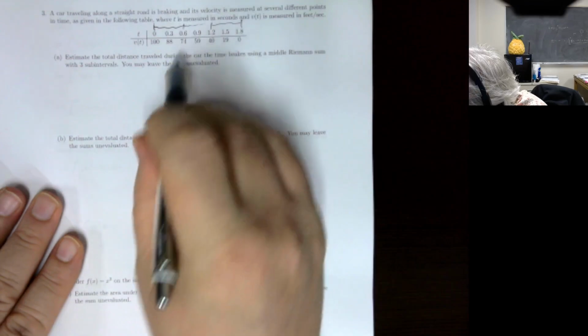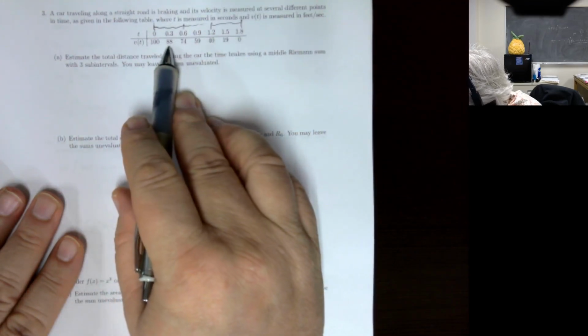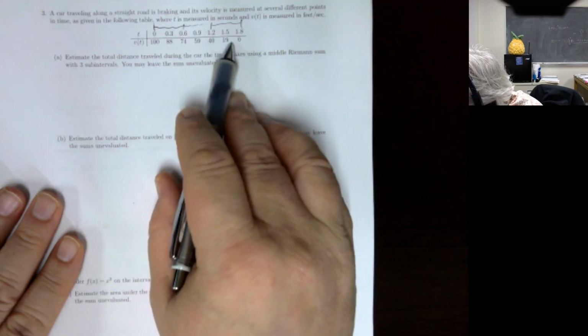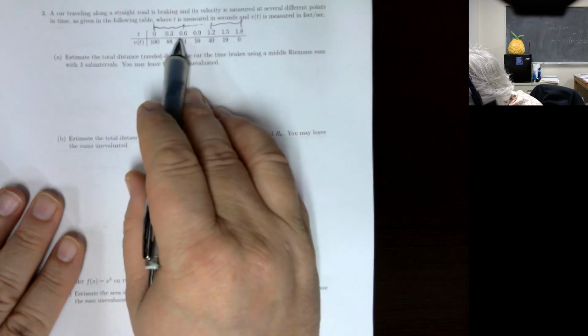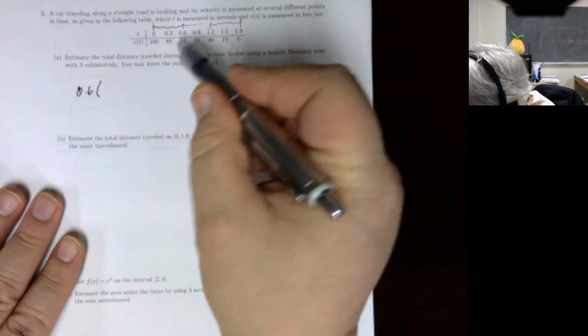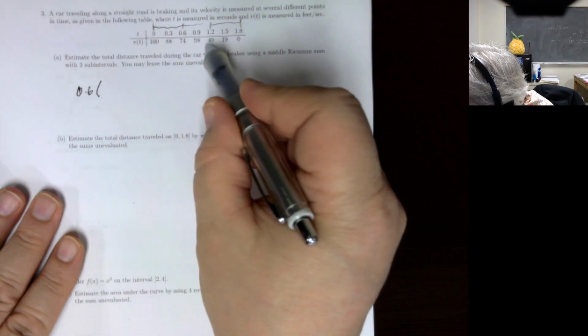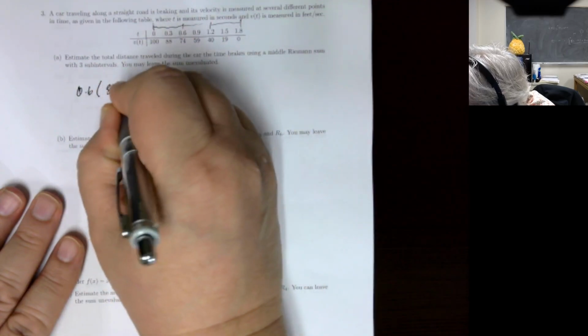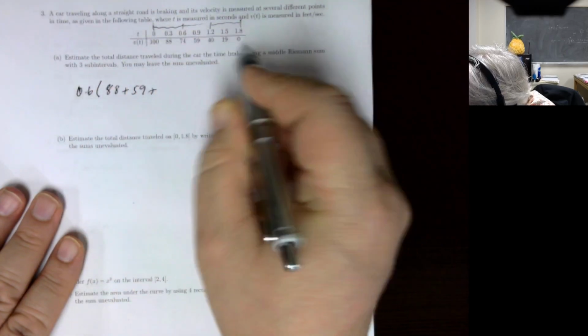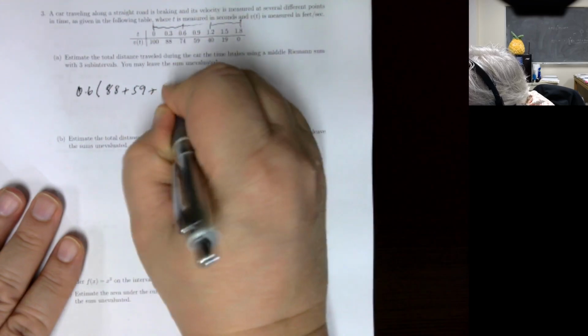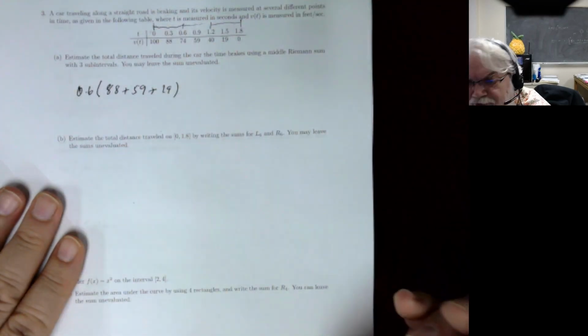And so you see that the midpoints are going to be at 0.3, 0.9, and 1.5. And then the widths are going to be 0.6. And so our widths are 0.6. And then the heights at the midpoint are going to be 88 plus 59 plus 19. Good. And so that's the sum unevaluated.